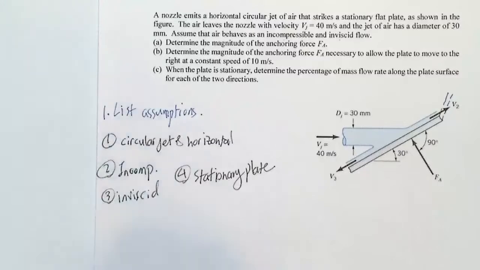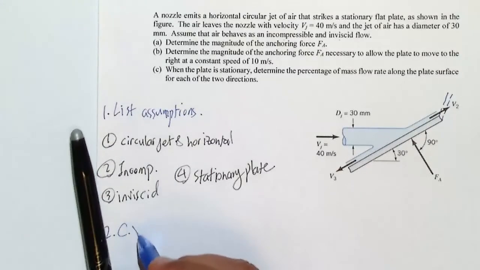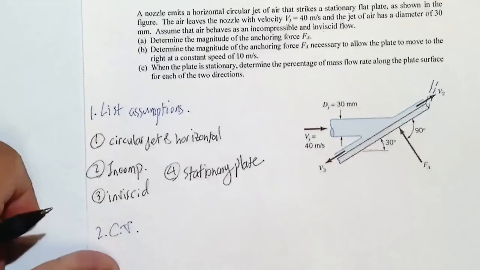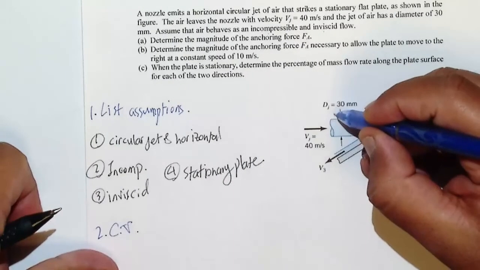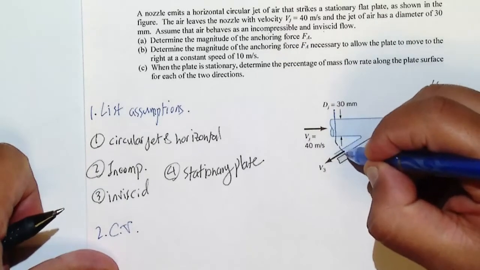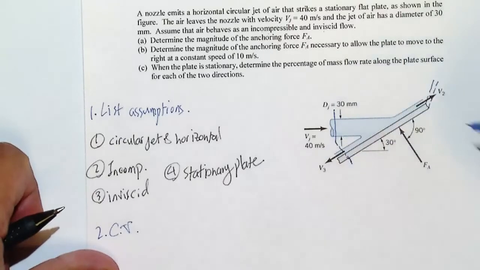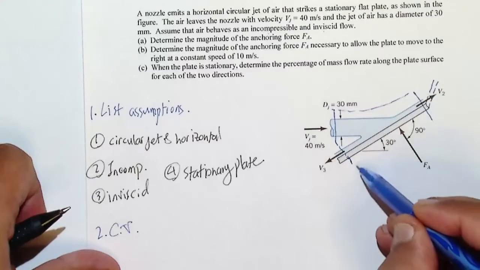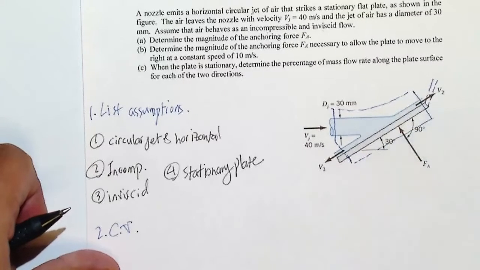Second, define your control volume, right? Make sure that your control volume is always normal to the input and output. So here is one normal, here is another normal, then also I need to make it normal here. Then for the rest of that, make sure that nothing is going to pass over.